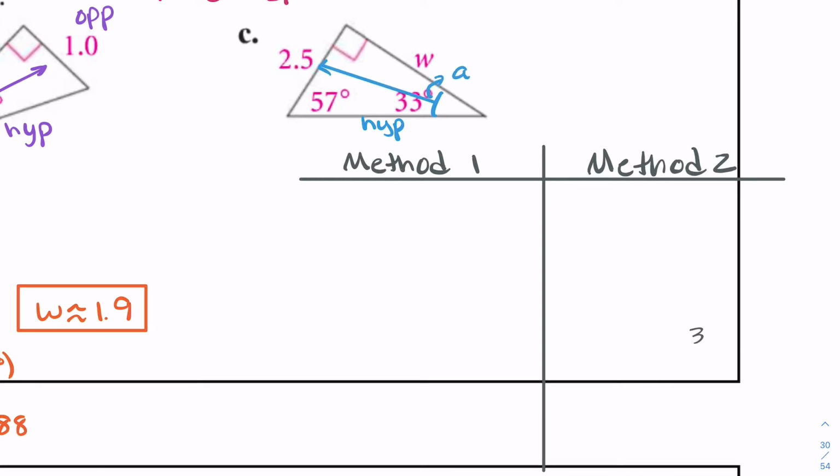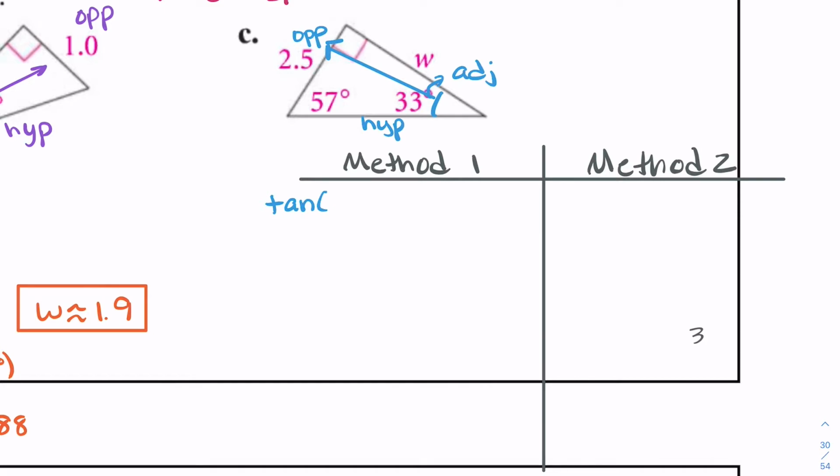This will be my adjacent. Well, that didn't work out. Okay, so in method 1, the tangent of 33 degrees.